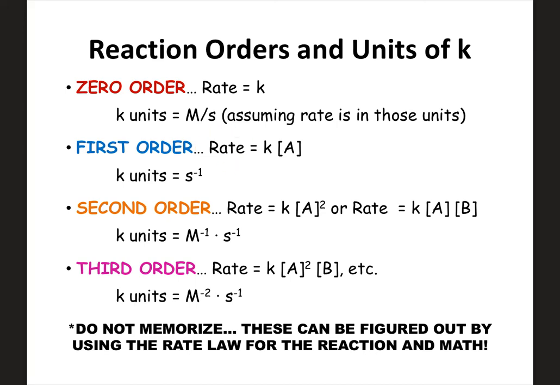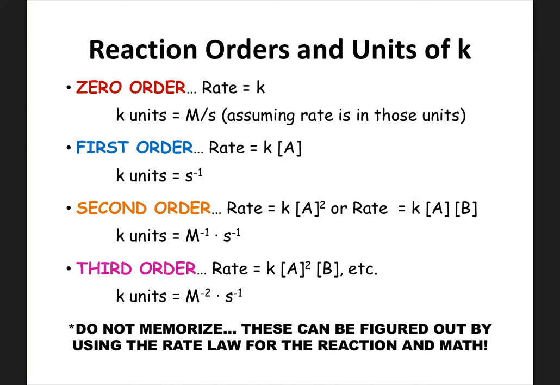If your reaction is second order, the K units would be molar to the -1 times seconds to the -1. And if your reaction is third order, your units for K would be molar to the -2, seconds to the -1. And you can pretty much see how this goes. Essentially, if the reaction was fourth order, it'd be molar to the -3, seconds to the -1.